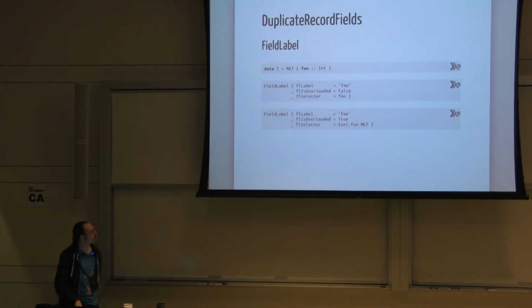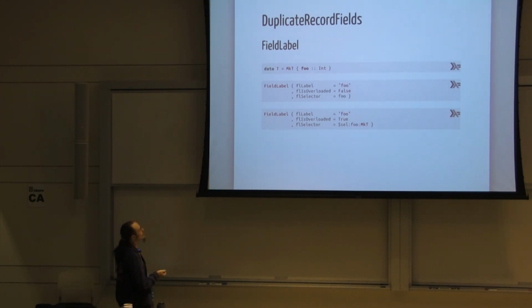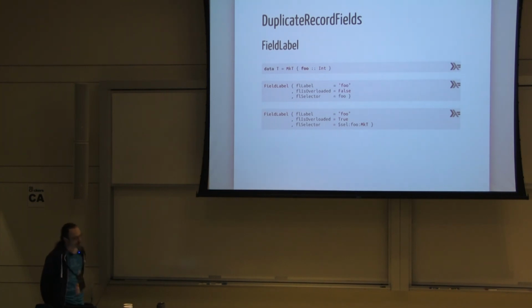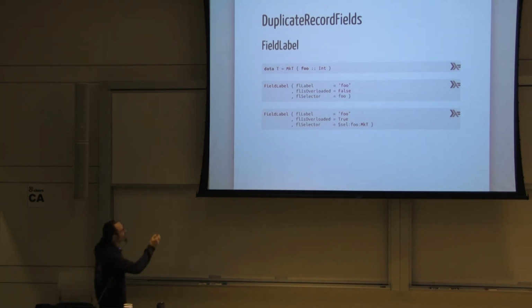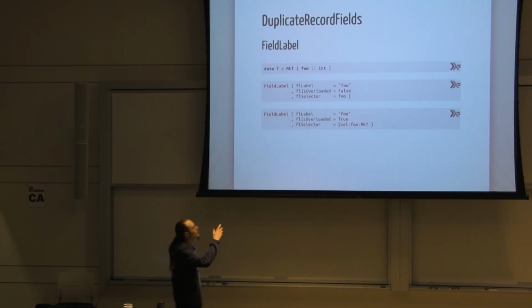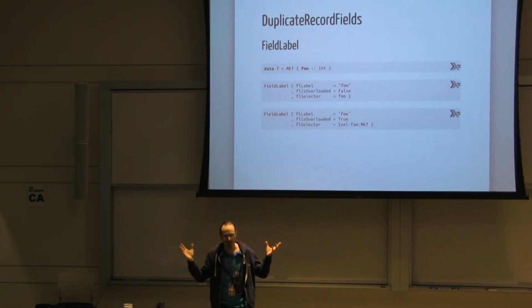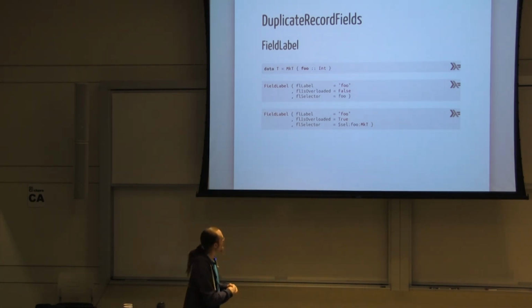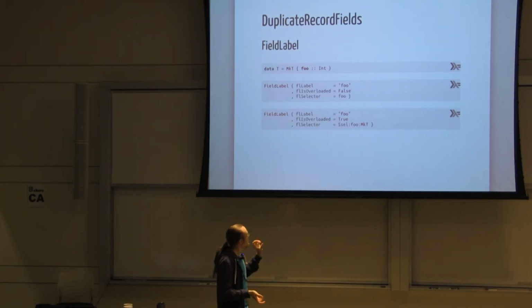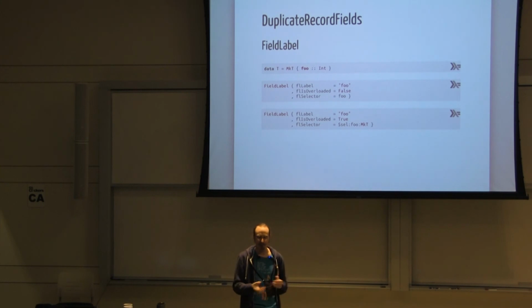So as a short example, this is actually like this in the GHC sources, so it's pretty well explained. If you don't have duplicate record fields enabled, it's simply you have foo and the record selector is simply the function itself. However, if you have duplicate record fields enabled, it will mangle the selector.